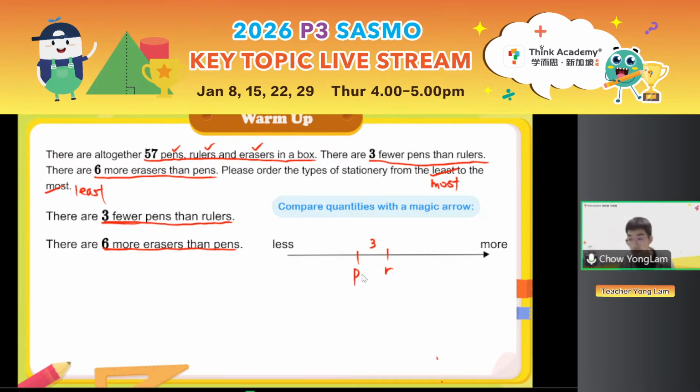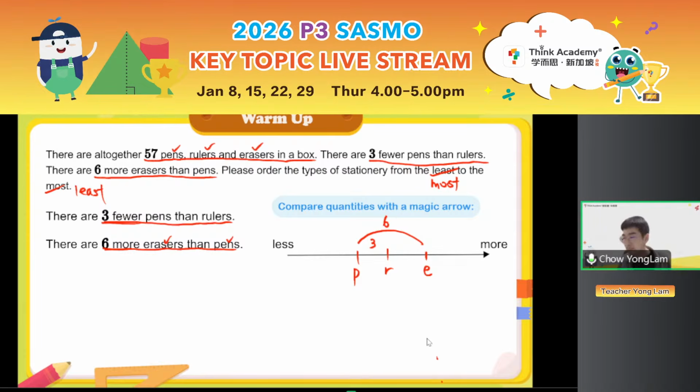Why is it B? That's because, you see, ruler and pen, 3 fewer. So the difference here is only 3. But between pens and erasers, you see that the difference is 6. It's a longer difference. It's a bigger difference. So that's why the gap between them must be longer as well. So erasers is here. So I can draw this difference and label them with a 6.